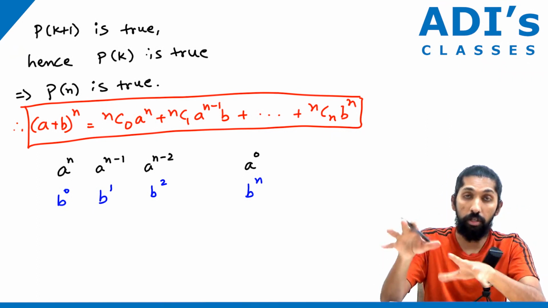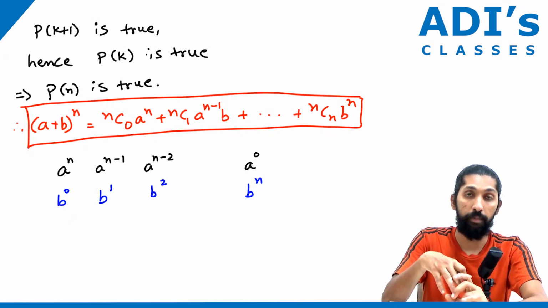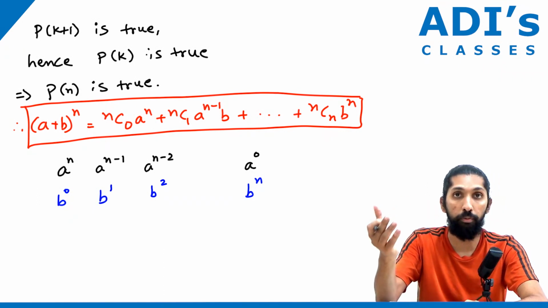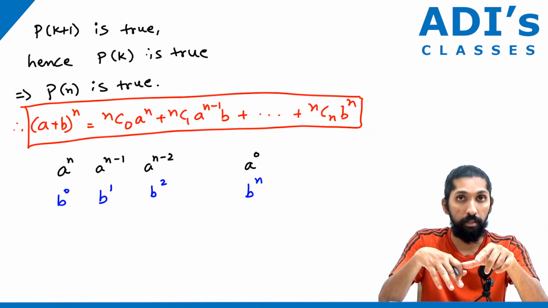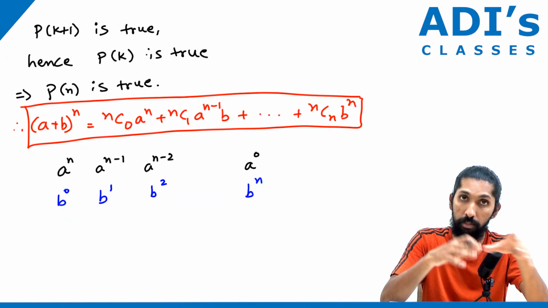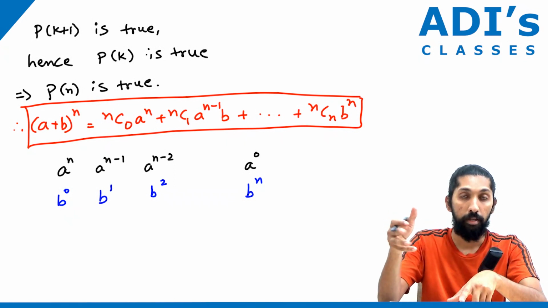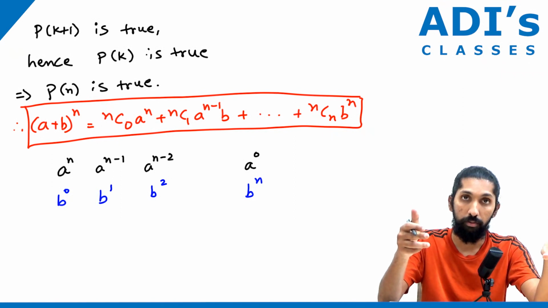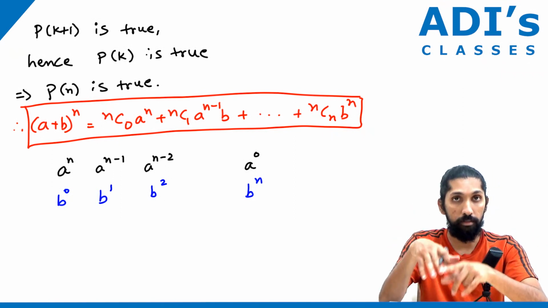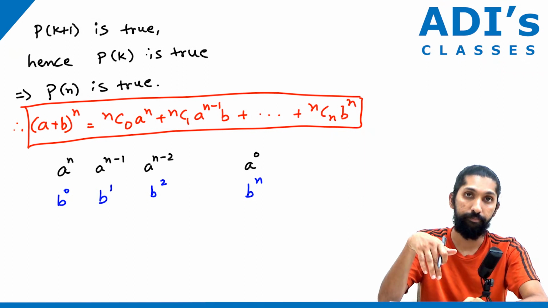Now this is the general truth for all of them. That's why if you look at (a plus b) whole cube, a cube plus 3a square b plus 3ab square plus b cube. See the power of a from 3, 2, 1, 0. And look at the power of b, 0, 1, 2, 3.